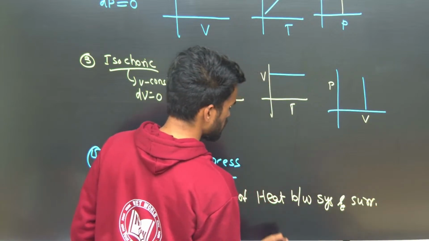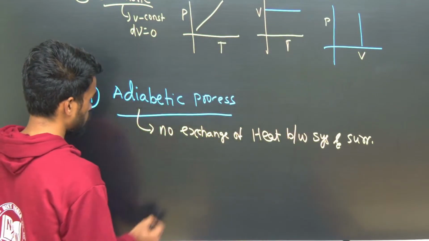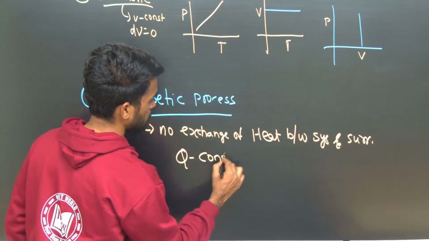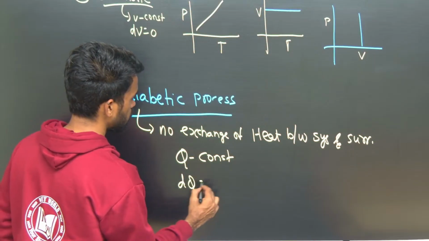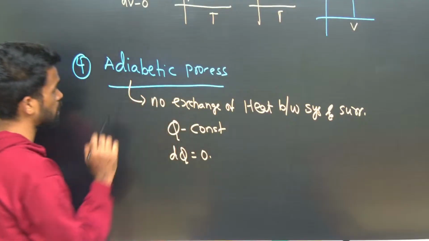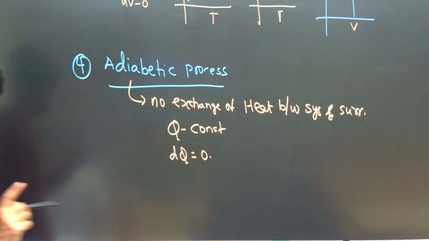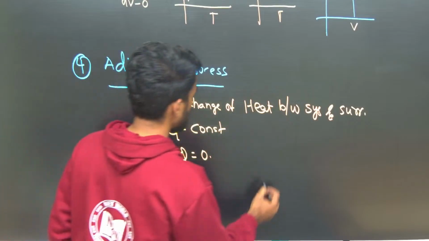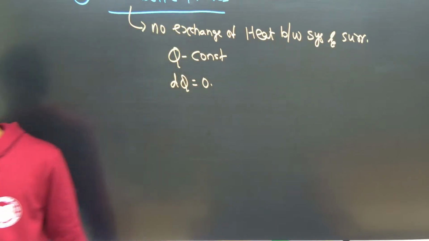So what is constant here? No exchange of heat means Q. Q is constant. Q indicates heat constant. So dQ will be 0. Okay. I will tell you the graphs regarding the adiabatic process while discussing the complete adiabatic process. Okay. And the next one is, write this.